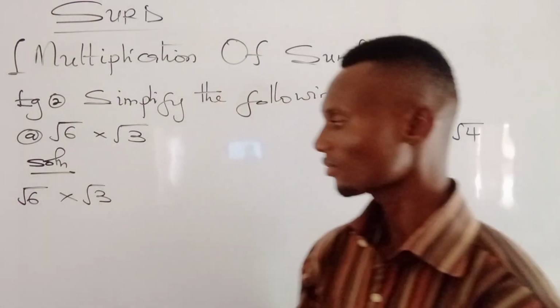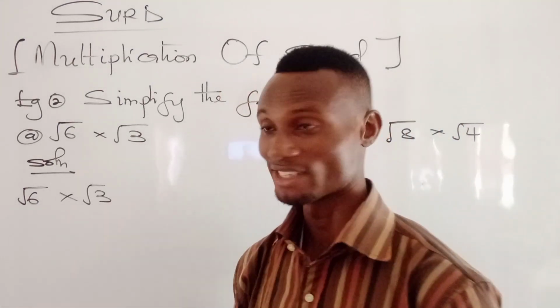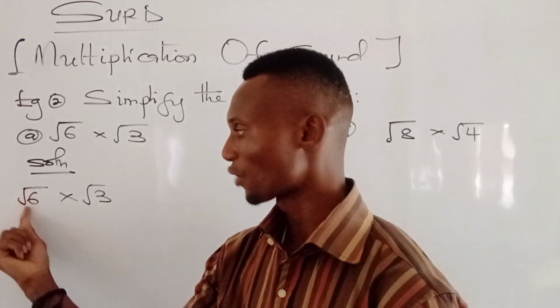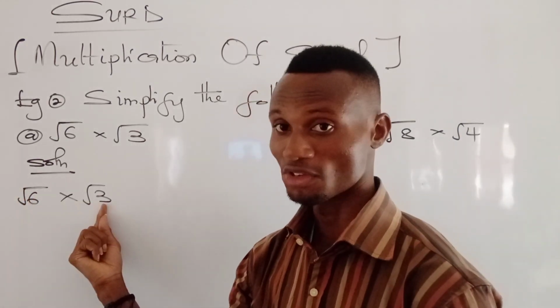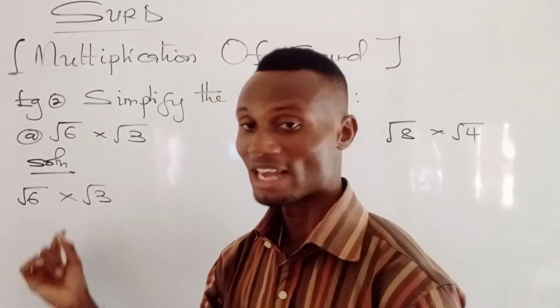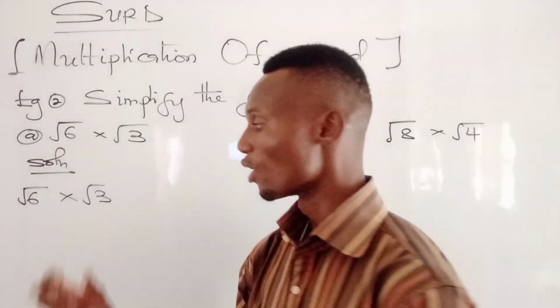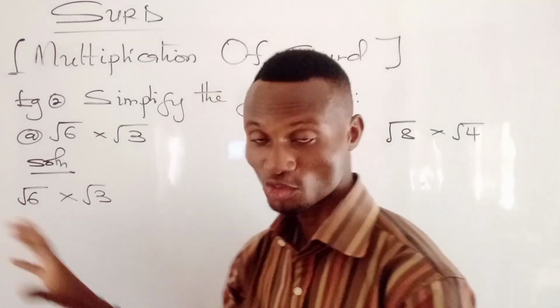In the first video we've already learned about this. This is square root of 6 and this is square root of 3, and they are multiplying. You can see that both values have a square root in them. For us to simplify it, both values will come under one square root sign.